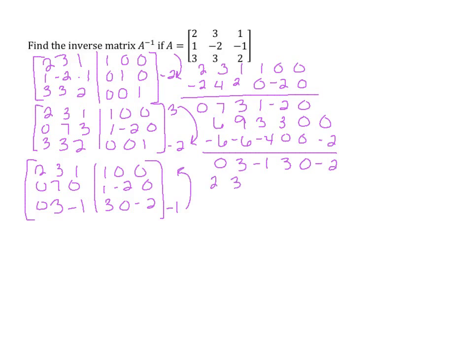So 2, 3, 1, 1, 0, 0. We're not multiplying that by anything. Multiplying my bottom row by -3, we'll end up with 2, 0, 2, -2, 0, 2. So that will be my new top.